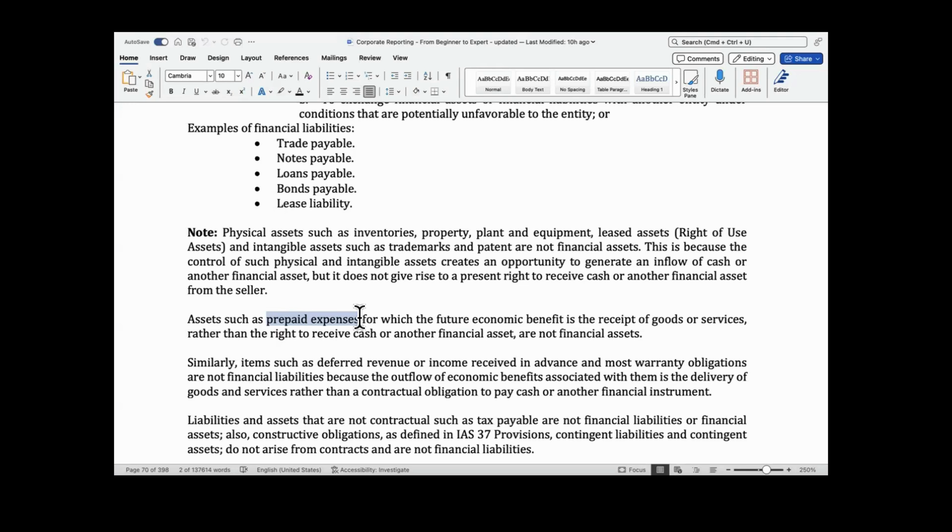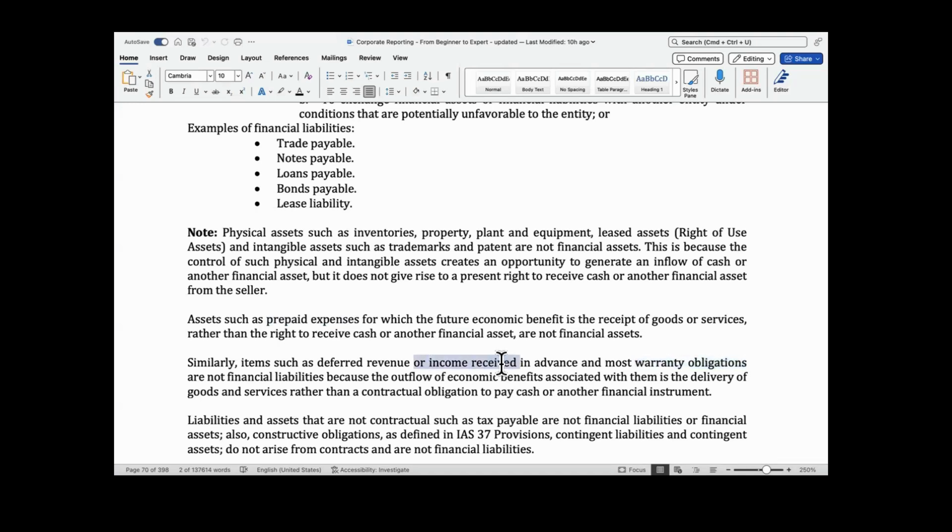On the flip side, looking at liability, financial liability, we cannot categorize items like deferred revenue or income received in advance or most warranty obligations. They are not financial liability, because they do not give rise to an obligation to deliver cash.